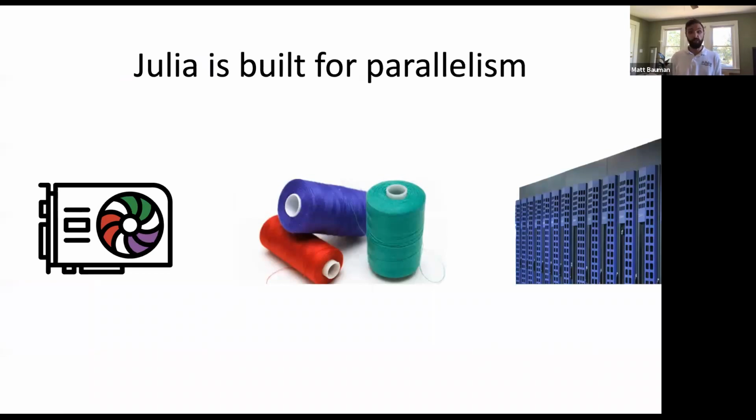So in Julia, we have three main ways of parallelizing. On the left, there are GPU cards and GPU acceleration, which I demoed with the handwriting recognition example. In the middle are threads, right? I'd say get the best performance out of a single machine. We have really awesome multi-threading capabilities that are now no longer experimental in Julia 1.5. And on the right is a supercomputing cluster that has many machines connected together and all working together.